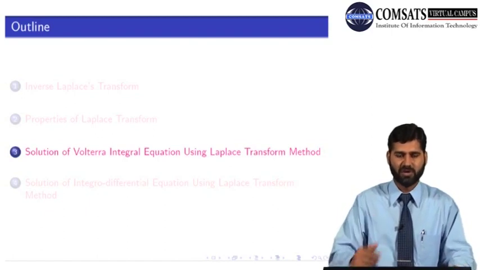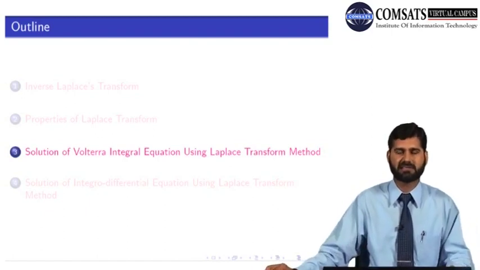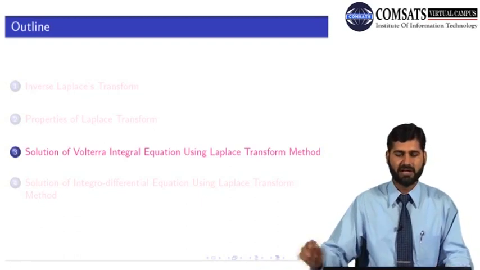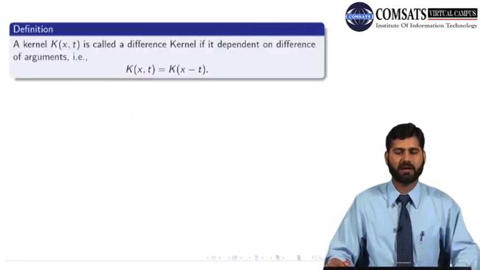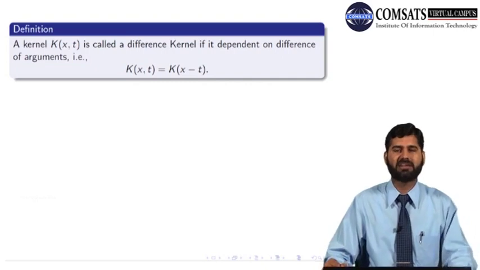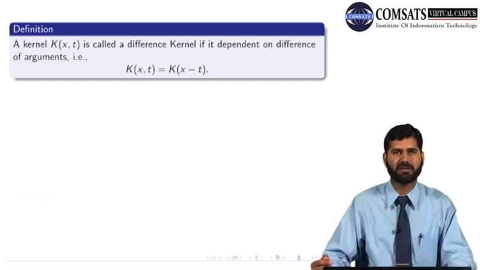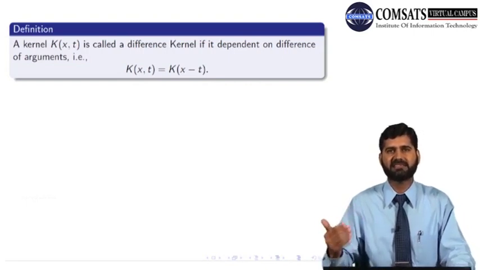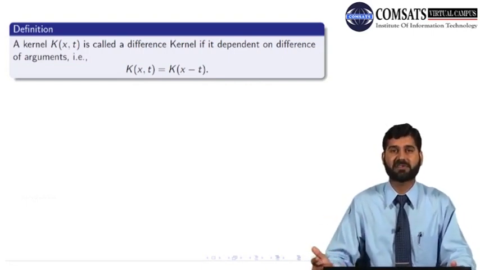So now we will be implementing this technique to solve the Volterra integral equation. Again, a kernel k(x,t) is called a difference kernel if it depends on the difference of arguments. If k(x,t) is k of x minus t, let's say, it's a difference kernel.